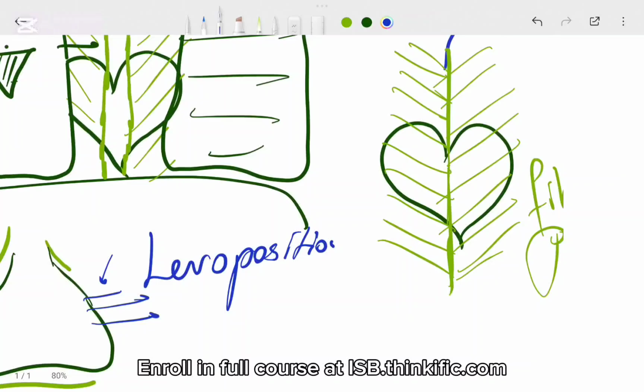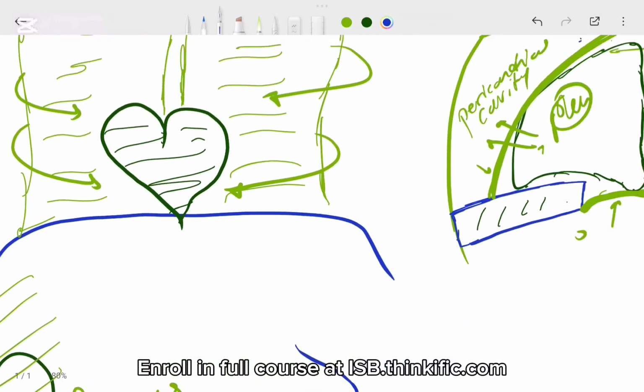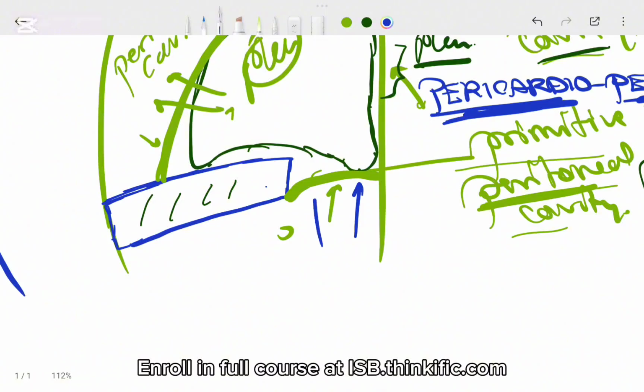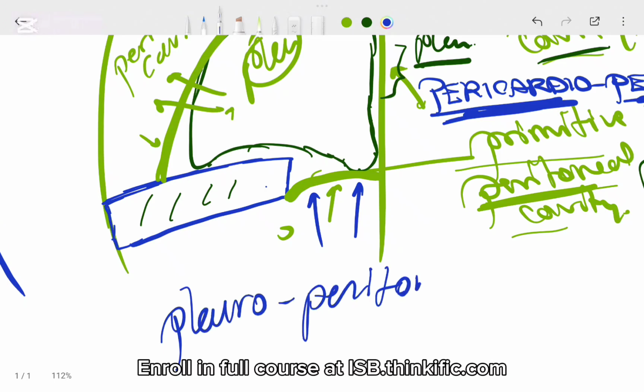The more important, more common situation is the membrane here, below, which we call it what? Pleuroperitoneal. Pleuroperitoneal membrane. Peritoneal, right? Pleuro for this cavity and peritoneal for this cavity. So pleuroperitoneal membrane.